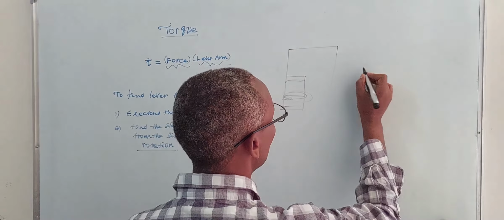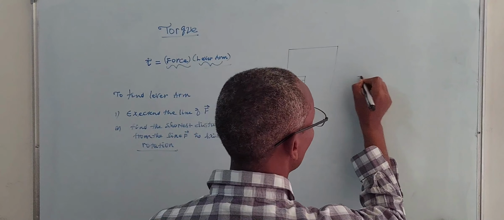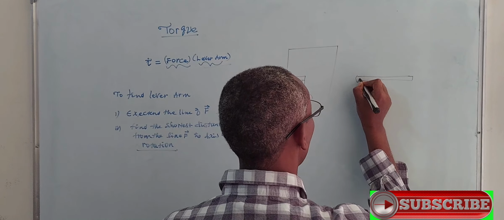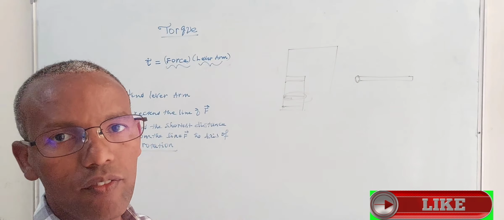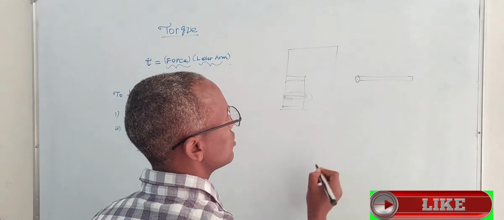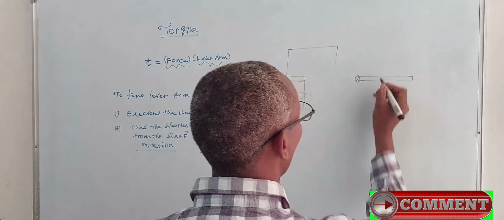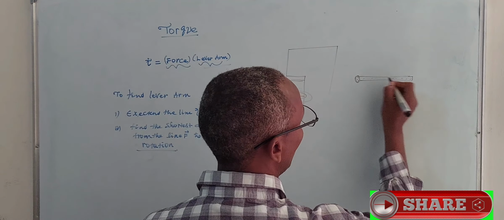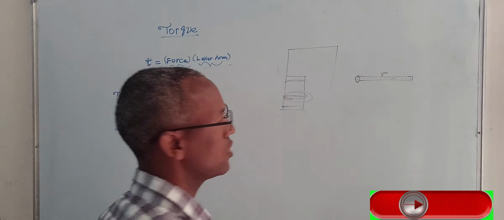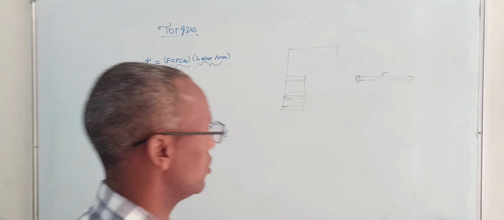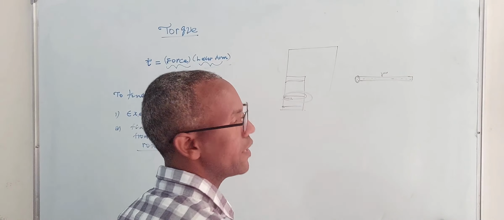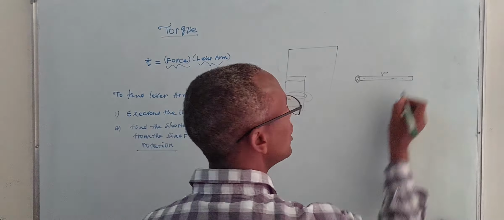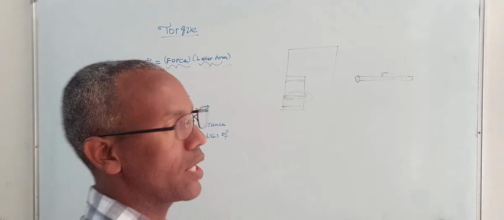So what you can do is represent it like this, okay? Like I said, this is the axis of rotation. You can use R to represent the position from the axis of rotation to the knob or handle.